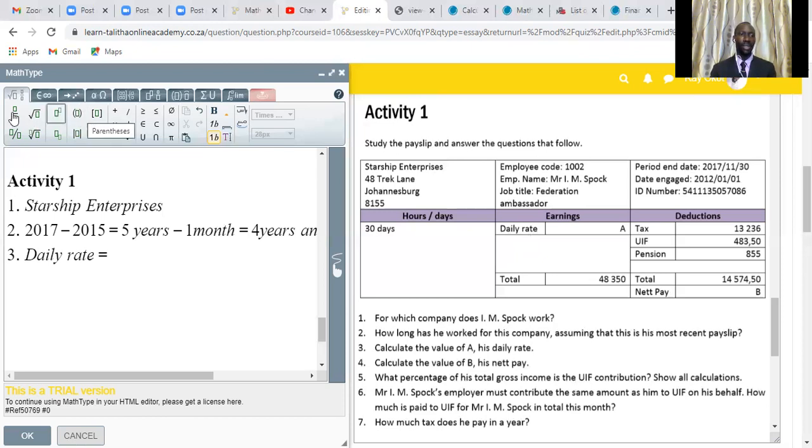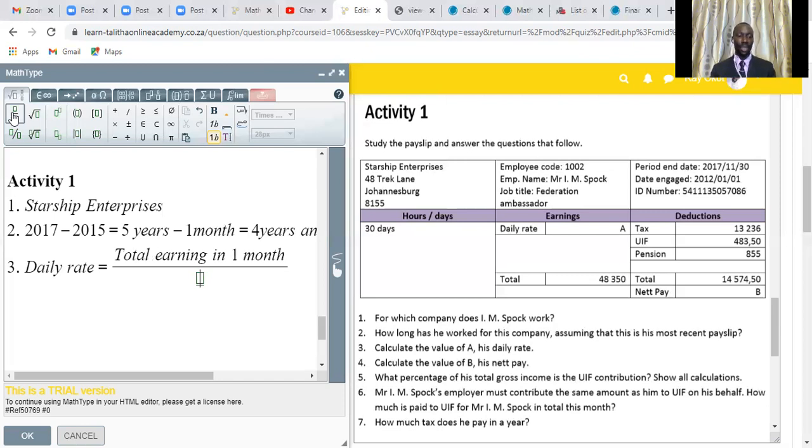So it will be like having the total earning in 1 month, divided by the number of days in 1 month. So what would this give us?